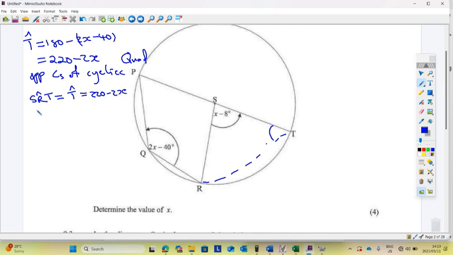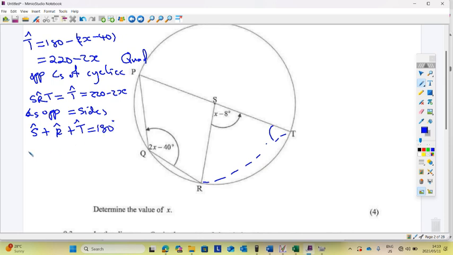The reason for that, angles opposite equal sides. That is the reason for the isosceles triangle. Now the three angles: the angle at S plus the angle at R plus the angle at T equals 180 degrees.